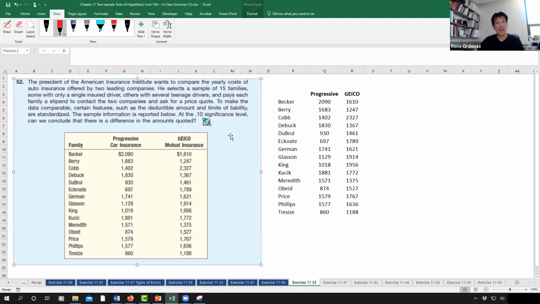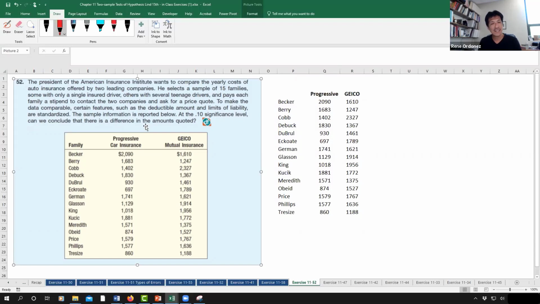So in this problem, the president of the American Insurance Institute wants to compare the yearly costs of auto insurance offered by two leading companies. He selects a sample of 15 families, some with only a single insured driver, others with several teenage drivers, and pays each family a stipend to contact the two companies and ask for a price quote.